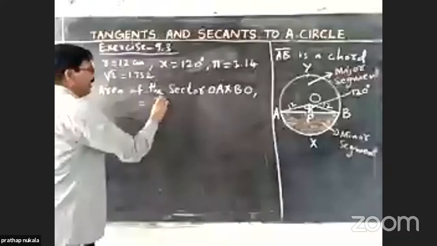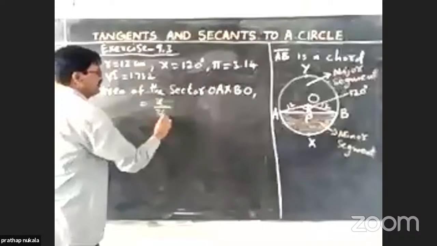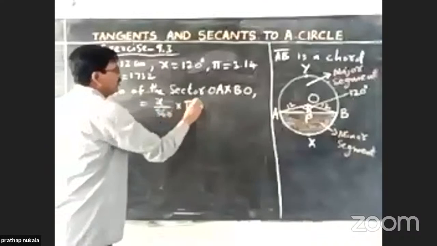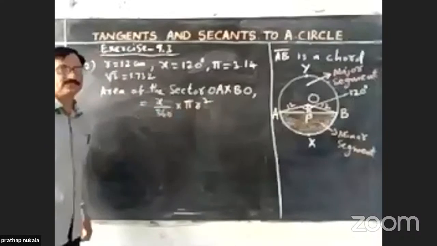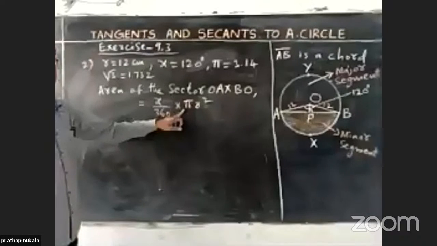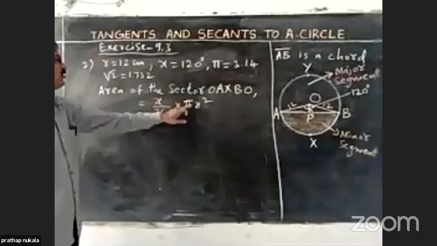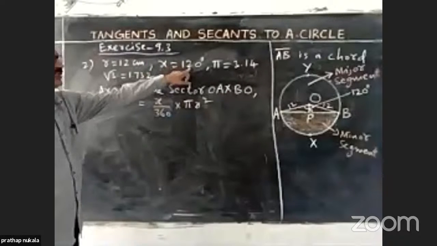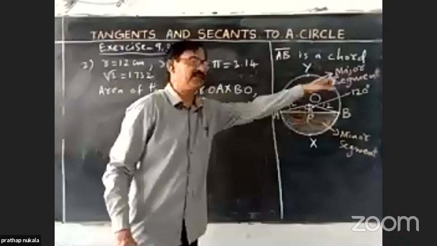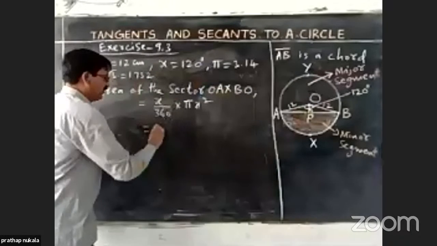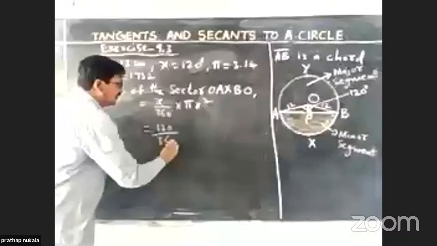What is the formula? X by 360 into pi r square. That is the formula to find the area of a sector. The sector angle is already given as 120 degrees, so 120 by 360 into pi.